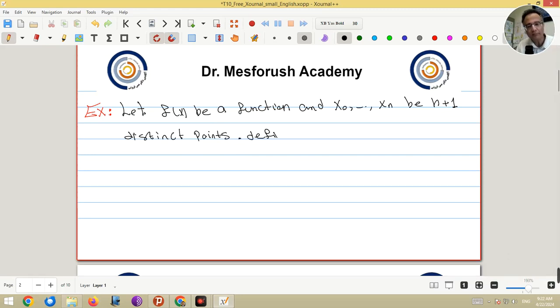Define a new function, call it g of x, equal to f of x0, x1, up to xn, and x. In fact, g of x is the divided difference of x0, x1, up to xn, and x.